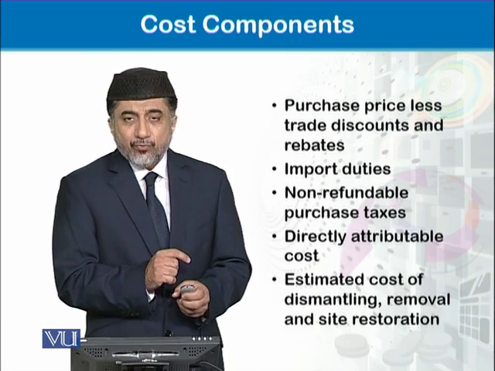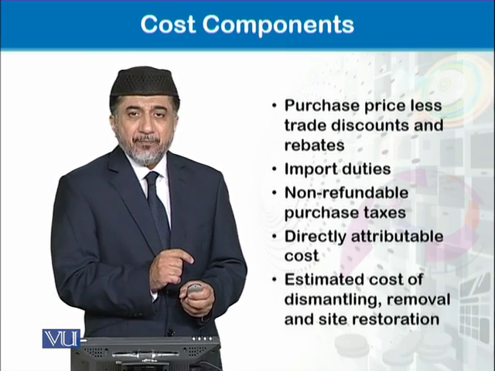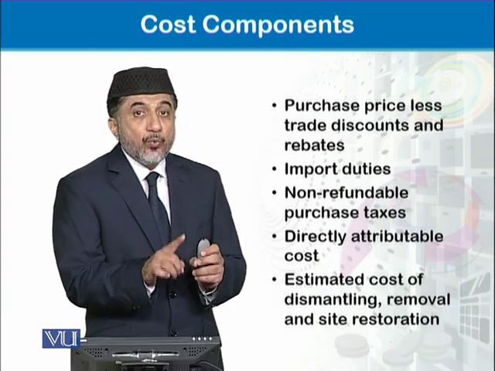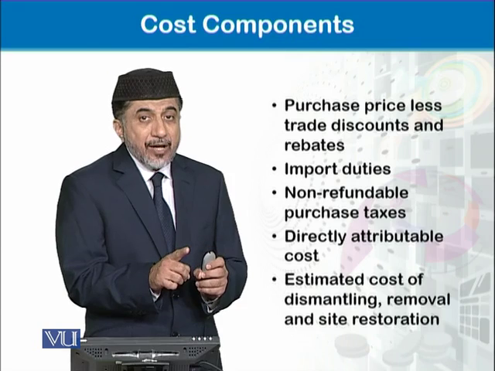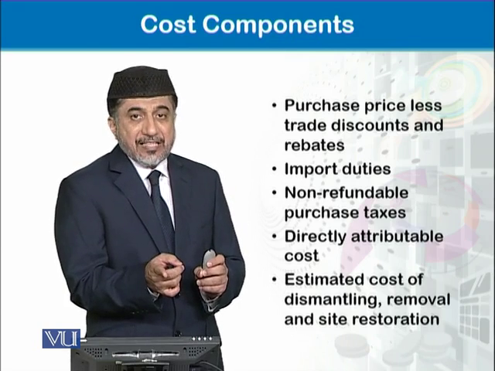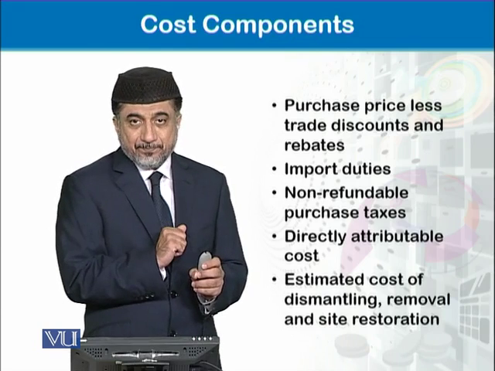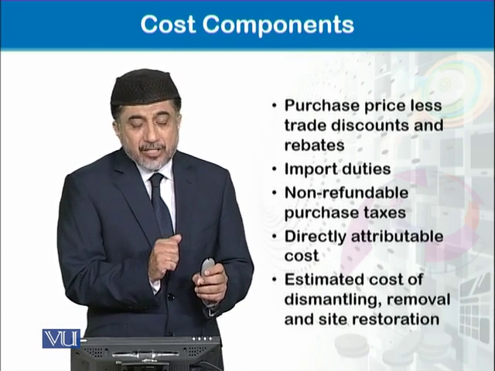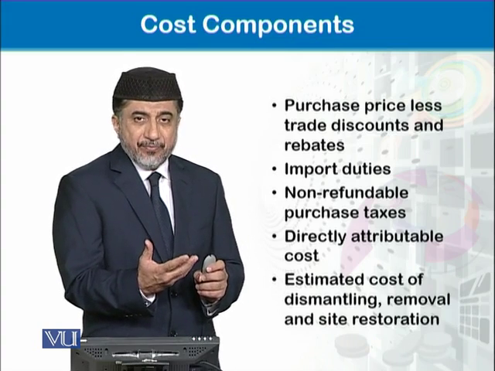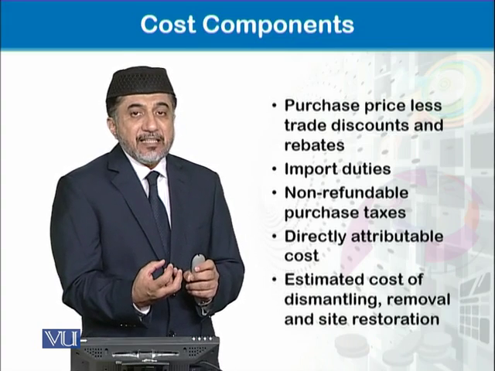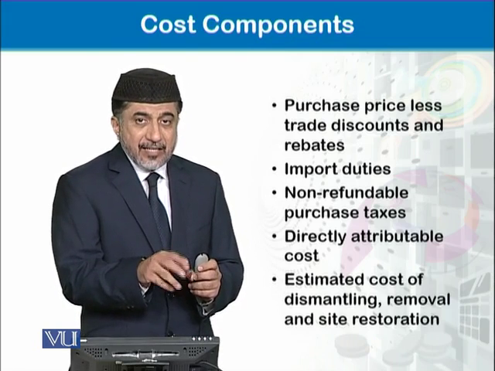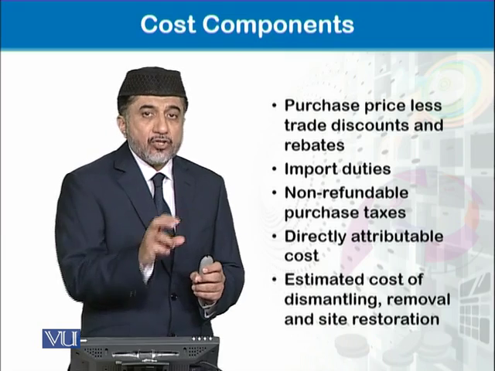And then a very interesting thing: the estimation of the cost that you will incur when you will be asked to remove this asset from that position. This is known as dismantling, removal or site restoration cost. Its estimation is done at the time of recognition, and then it becomes part of the cost of the asset.